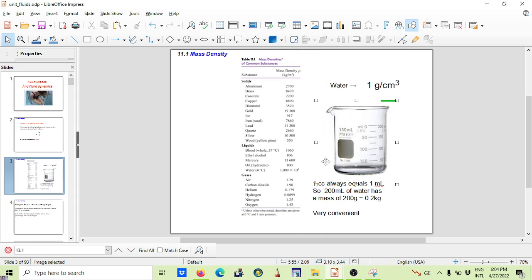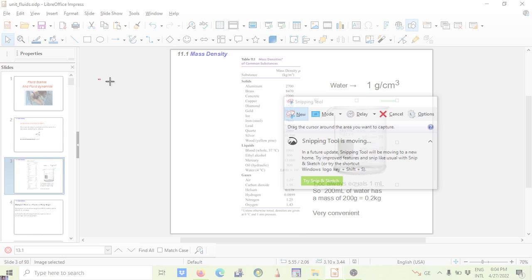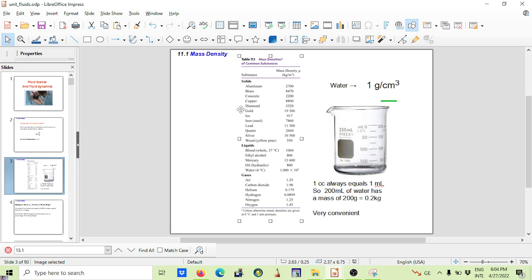Now, the most interesting thing, of course, if you are doing chemistry lab, for example, or if you are working in the biology lab, is water. So here we have liquids, blood here, and water has about the same density as blood.